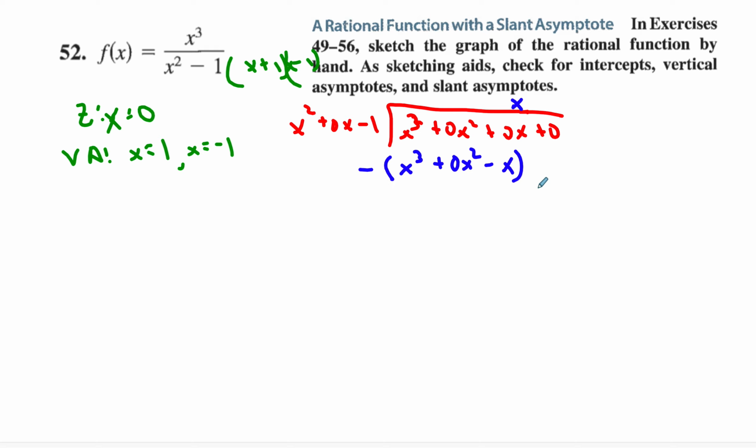Then I subtract. 0 minus x is 0 minus a negative x is just x plus 0. Can I ever get x squared to equal x? No. So there is no term, it's just remainder at this point. So what does that mean? The oblique asymptote is y equals x.